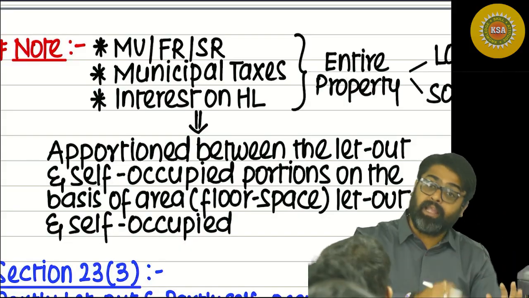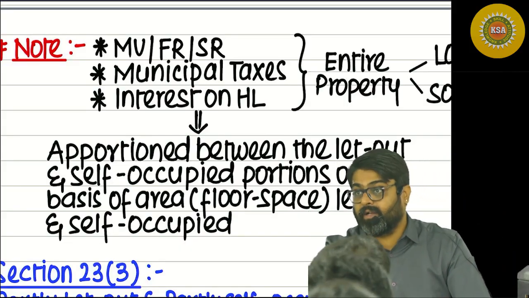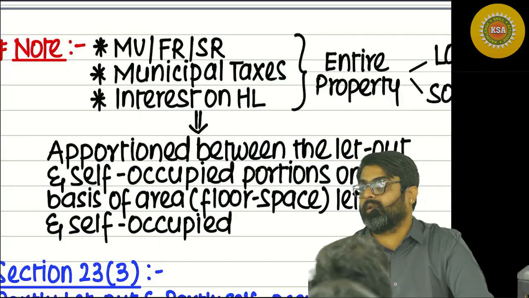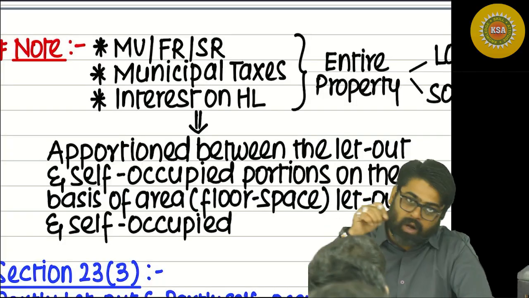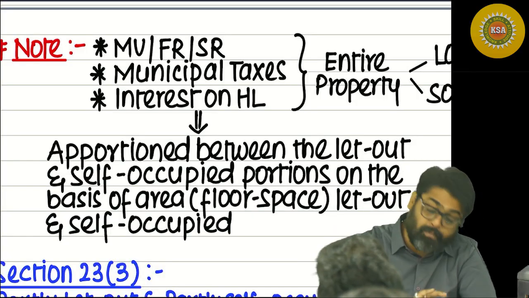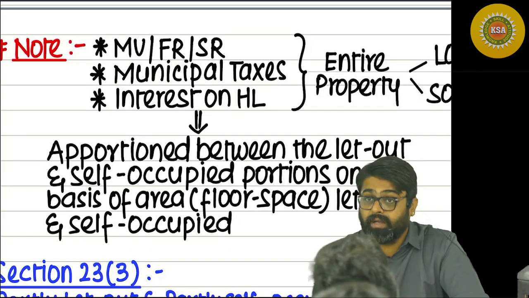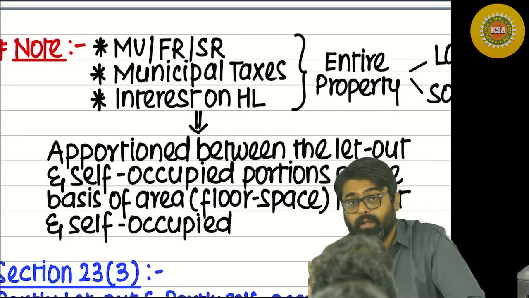The apportionment has already been done by the examiner. Whatever is related to the let out portion, he has himself calculated and given it to you in the question. Now if you do not read it properly and you apportion that also, your answer will be wrong. You have to read the question properly, I am telling you.